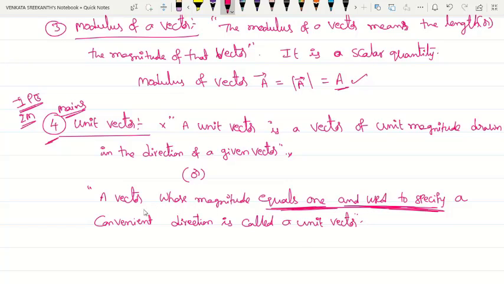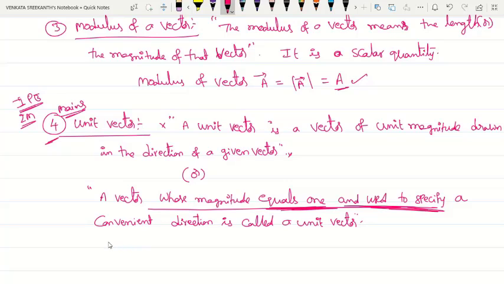Okay, my dear students, please remember it. A vector whose magnitude equals 1 and which is used to specify a convenient direction is nothing but a unit vector.